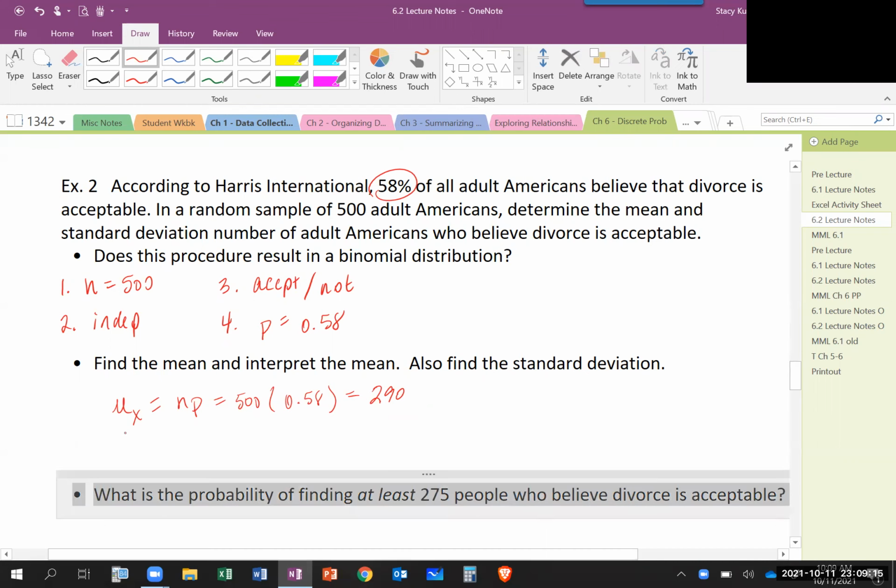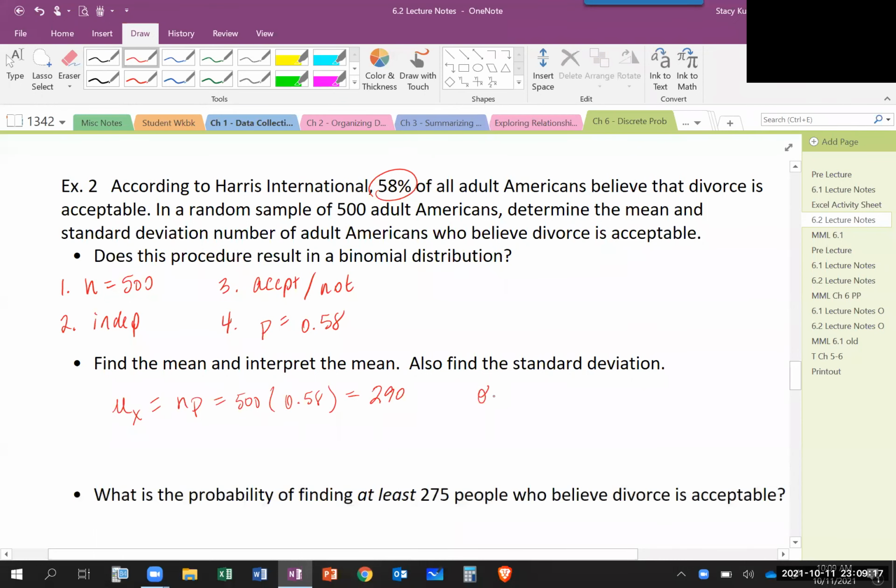How about the standard deviation? Standard deviation looks like sigma x. This is going to be the square root of 500 times 0.58 times 1 minus 0.58. 1 minus 0.58 would be what? 0.42.